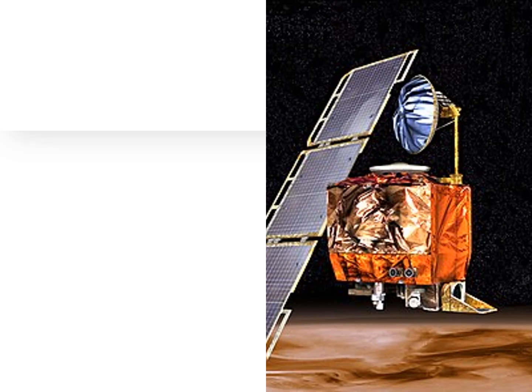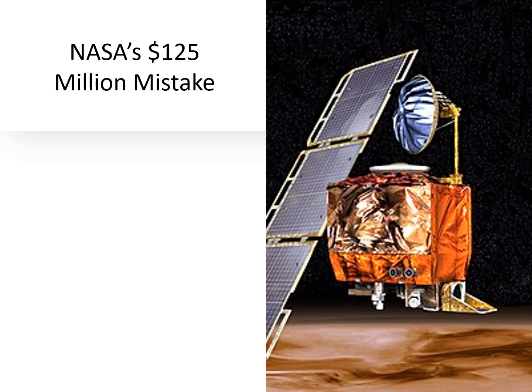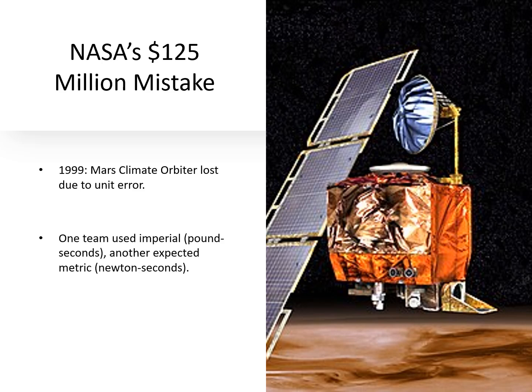Why? In 1999, NASA lost $125 million due to a mistake in units. The Mars Climate Orbiter was lost because one team used imperial units while the other team used metric units.